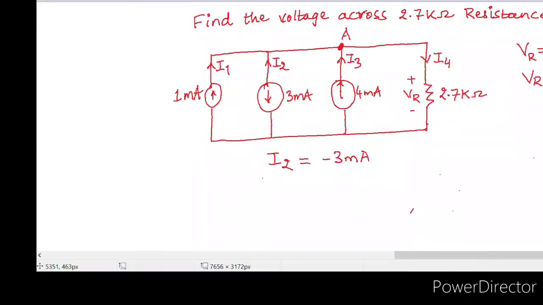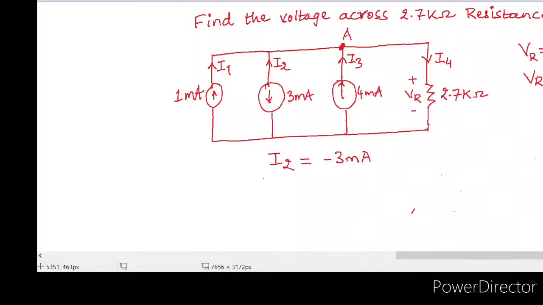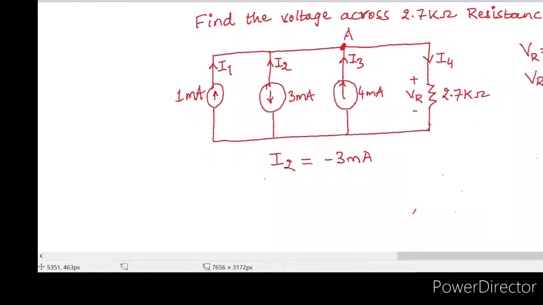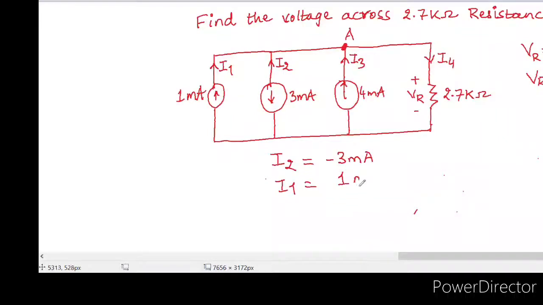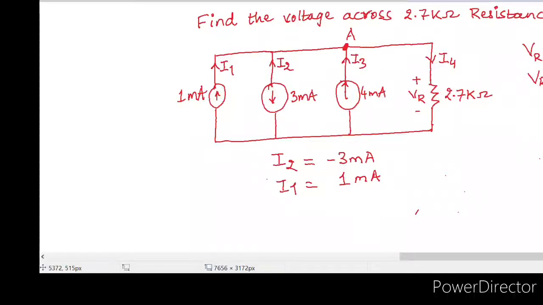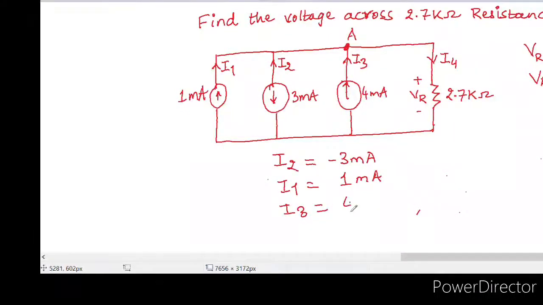The direction of I1 is the same as that of 1 milliampere. Hence, I1 is equal to 1 milliampere. In a similar fashion, the direction of I3 is the same as that of 4 milliamperes. Therefore, I3 is equal to 4 milliamperes.